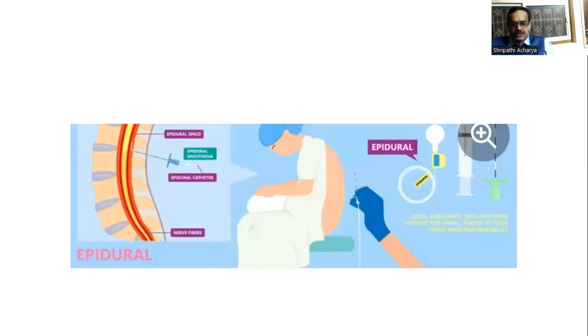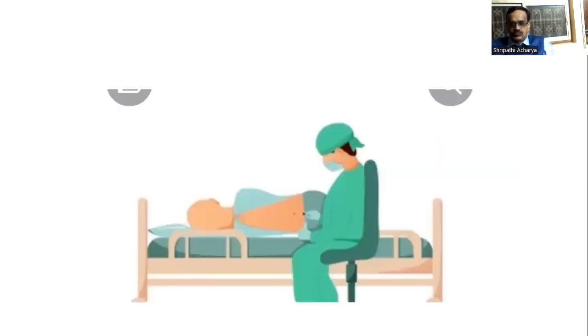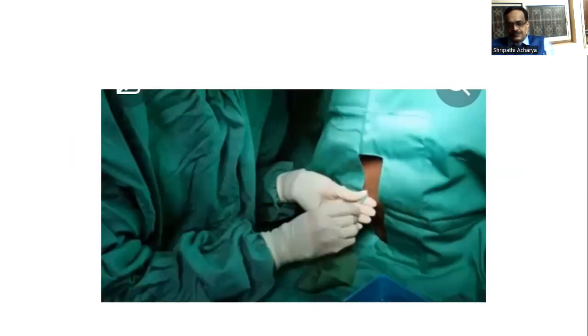Diagrammatic representation of lumbar puncture. You can see the doctor is sitting behind the patient and puncturing. The picture shows the procedure of lumbar puncture.